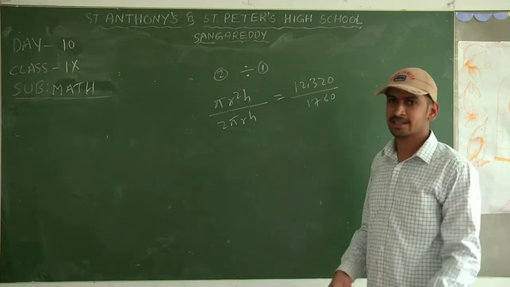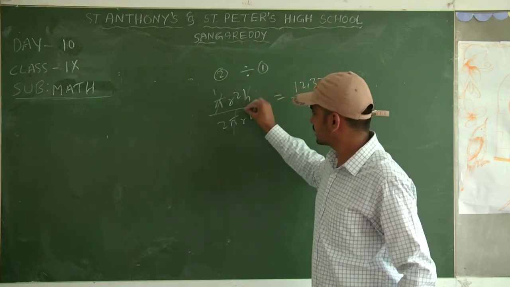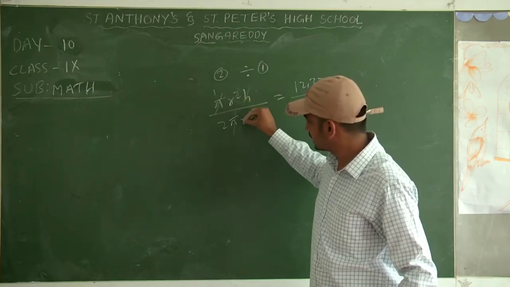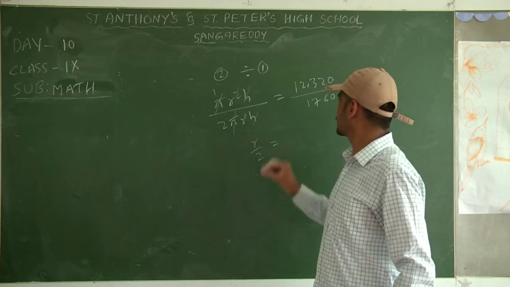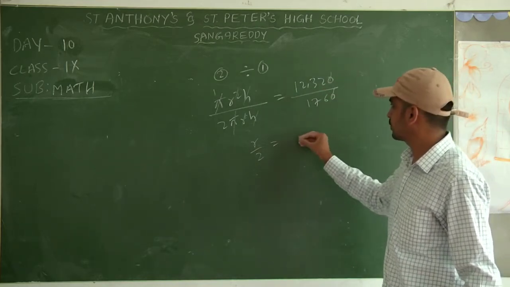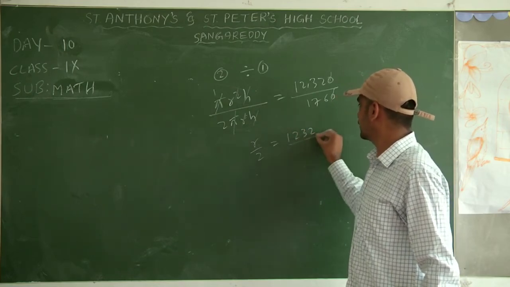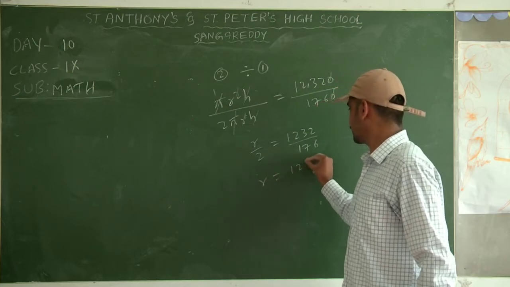Is there any cancellation? We can cancel pi and pi, and h and h. In r square, which means r into r, one r is cancelled with the r below. In total we get r by 2 equals, here we can cancel 0 and 0, 1232 by 176. Now radius equals 1232 by 176 into 2.